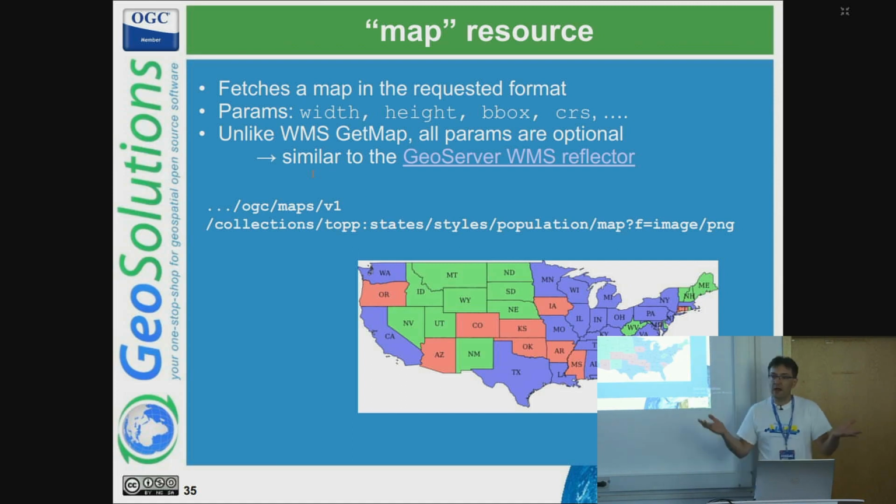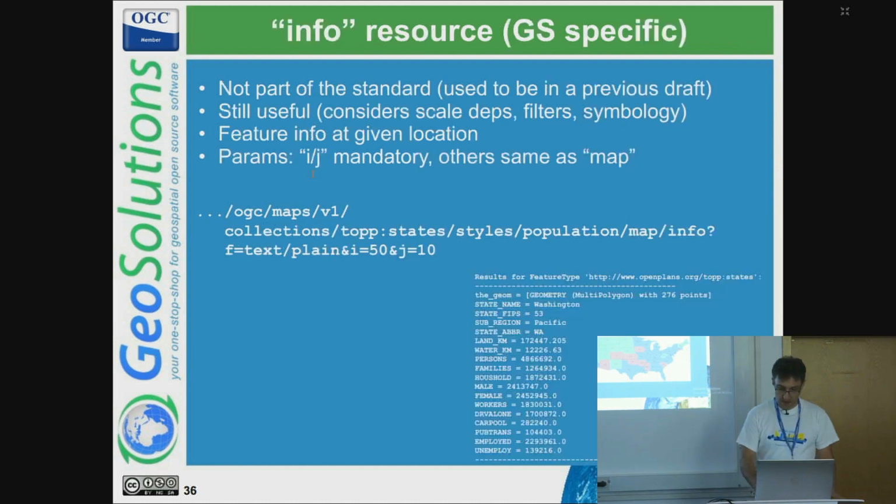You just say, I want a map of the United States, period. The server defaults everything else. You want a map in GeoTIFF, then say so. You want a map that is 1024 pixels, then say so, but you don't have to. Everything is defaulted. So there are parameters like width, height, CRS, and more, but you don't have to specify them.